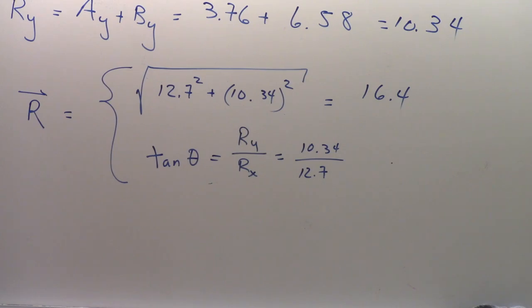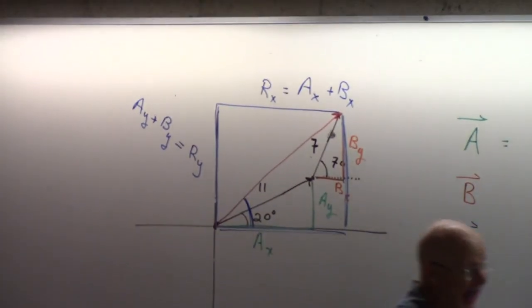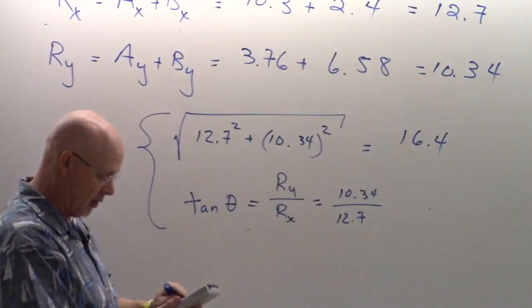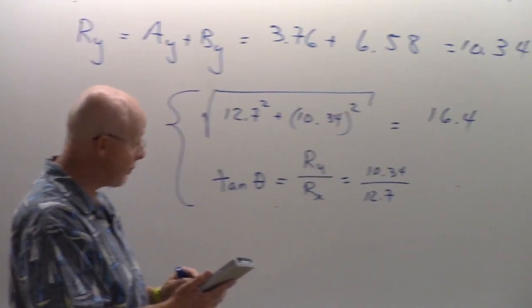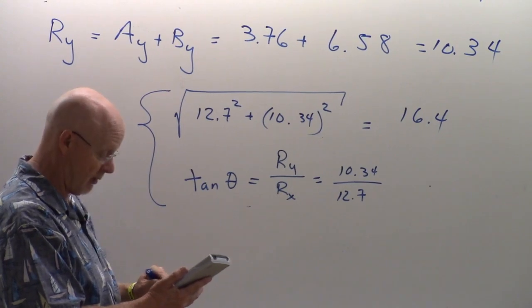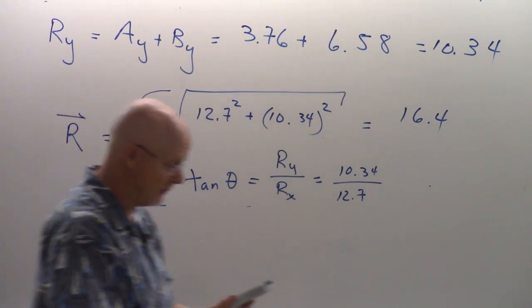To do that, we've got to think about the components. So I would say you can think about this as one hike being 16.4 at an angle of, let me go inverse tangent of 10.34 over 12.7.